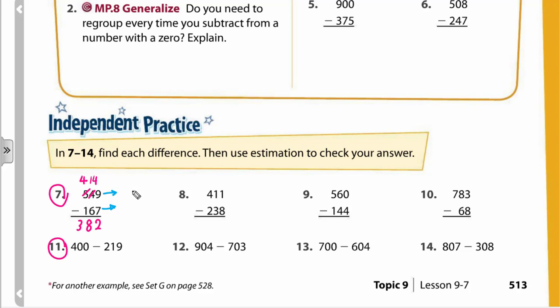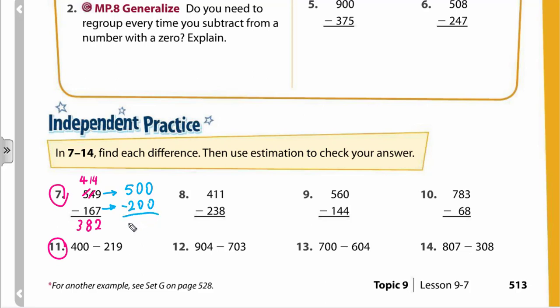Hussein? 549 to the nearest 100. 500. Yes. And 167 to the nearest 100. 200.